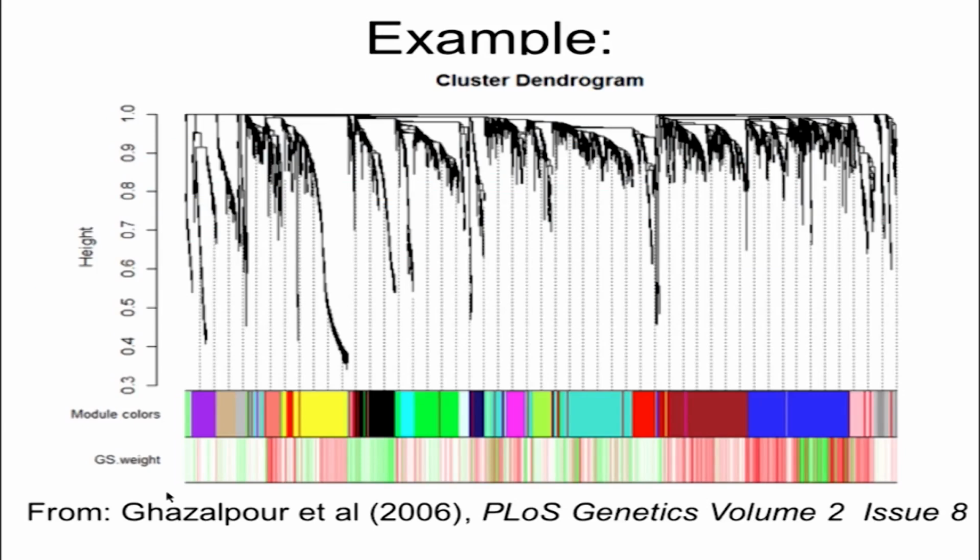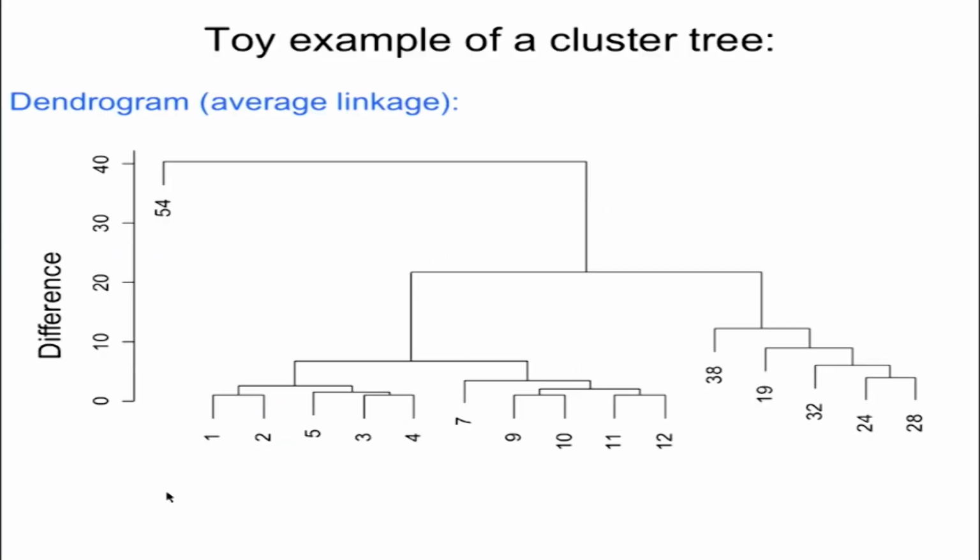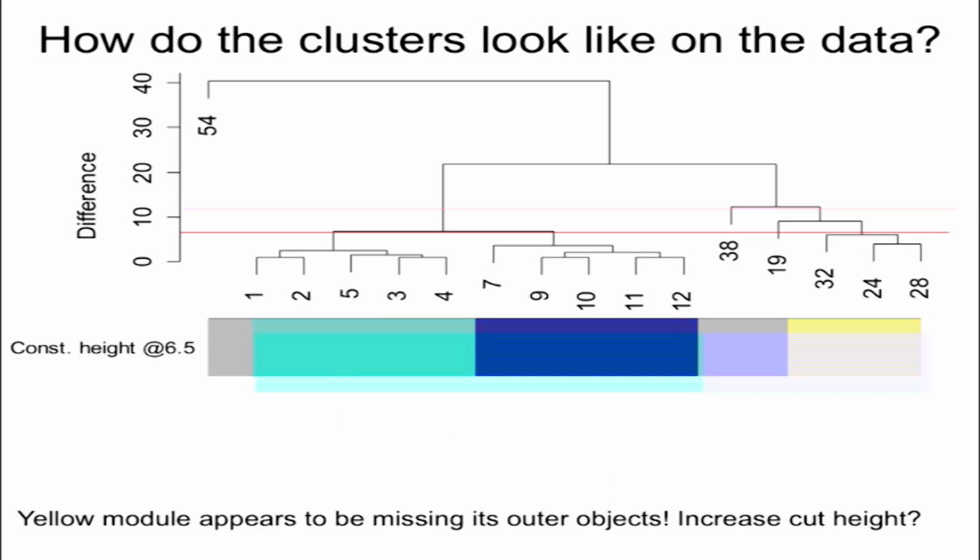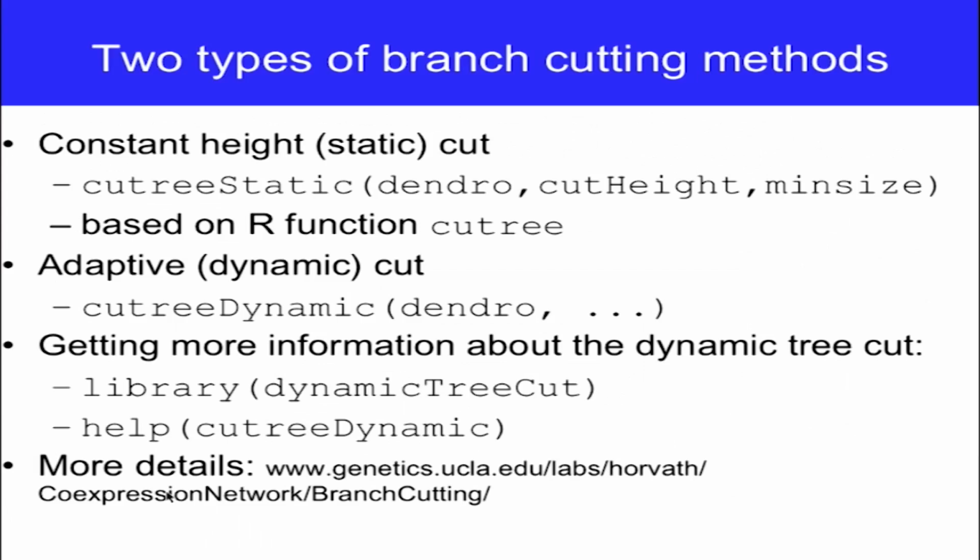And it is very tricky to cut the branches. And so there's an R package, which I will teach to you shortly, called the dynamic tree cut approach, which accomplishes this branch cutting for you. So here's the R code, cutreeDynamic, to cut these branches in an adaptive fashion.